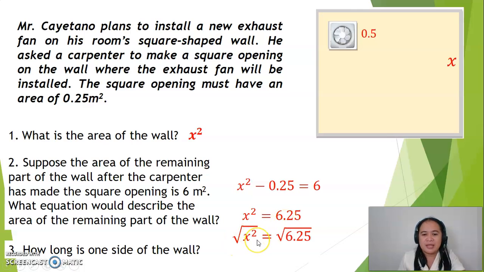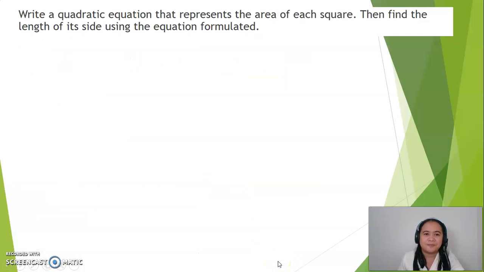Extract the root to both sides, so the result would be 2.5, which is the square root of 6.25. Now take note, if you observe, we disregard the negative root. It's because we're talking about dimensions. So when you talk about dimensions, always go for the absolute root, which is the positive root.